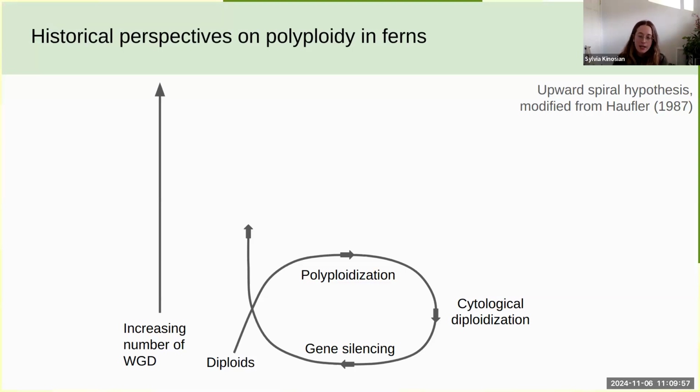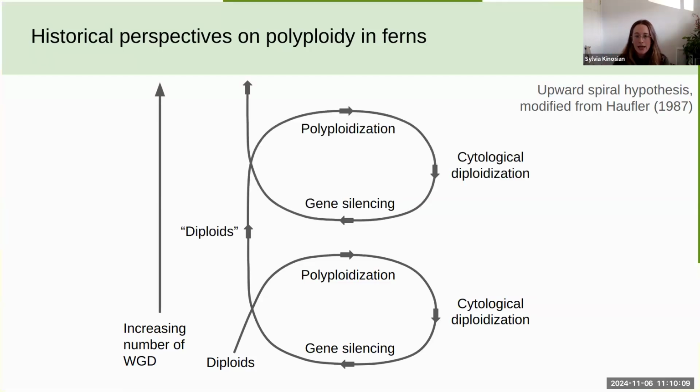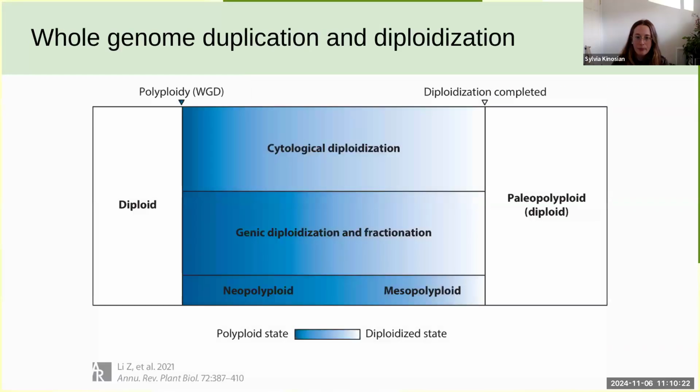And then they go through gene silencing, but not extensive gene loss. And so that means that the genetic material is not lost, chromosomes are not downsized. And so now you're left with a diploid organism with a high chromosome number. And then they'll go through another round of polyploidy with the same pattern, leading to ever increasing numbers of chromosomes, despite a return to diploid inheritance.